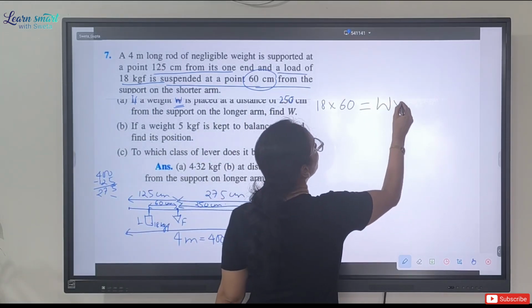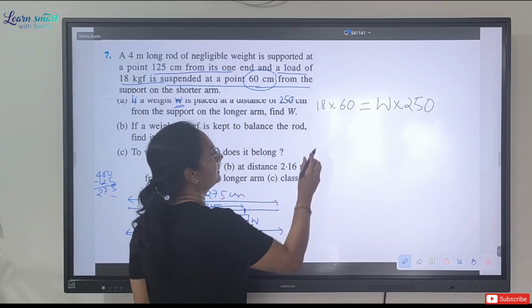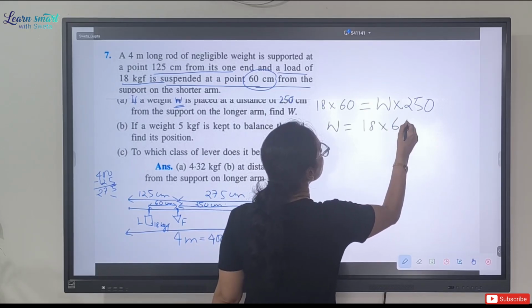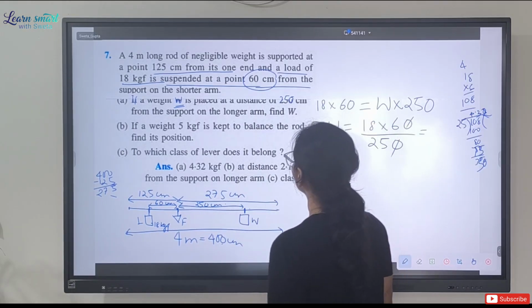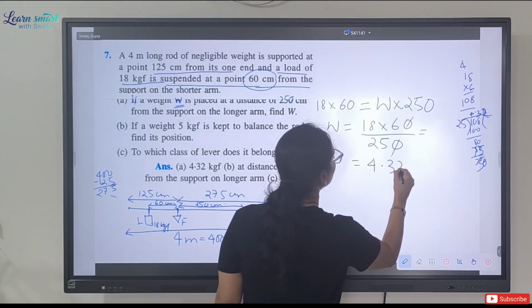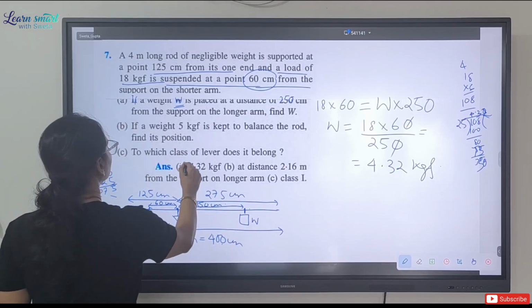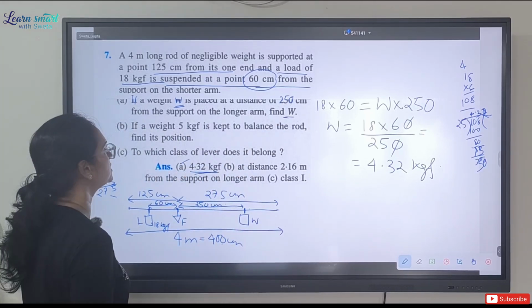So we write W into 250 and solve to get the value of W. W will be 18 into 60 upon 250. If we solve, we will get 4.32 kgf, and we have got the answer of W. W is 4.32 kgf.